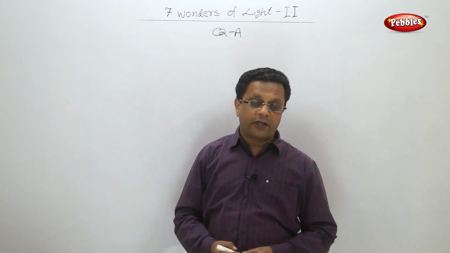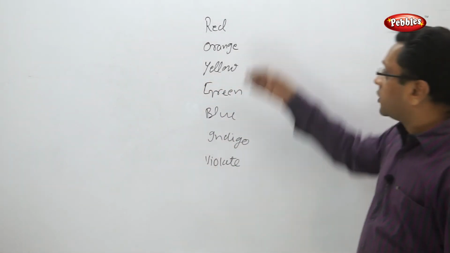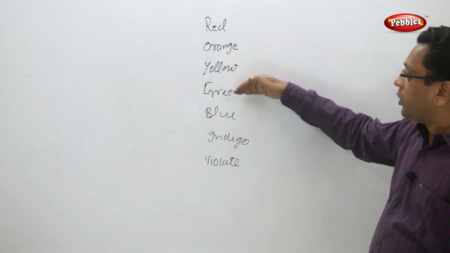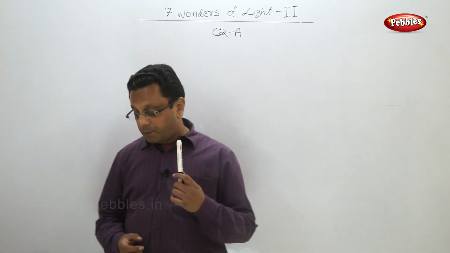This is the color spectrum: red, orange, yellow, green, blue, indigo, violet. What is a prism? A prism is a transparent medium bound by two plane surfaces inclined at an angle.